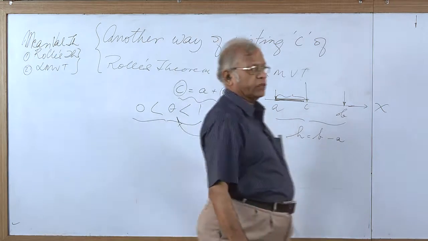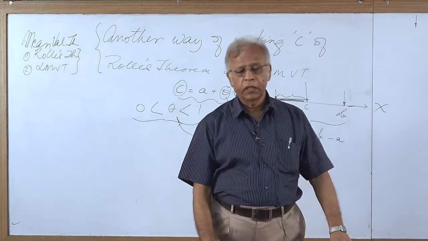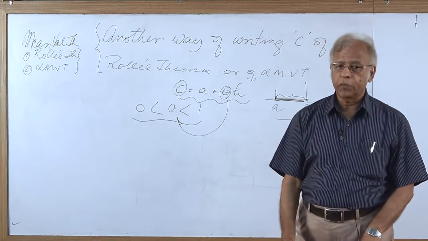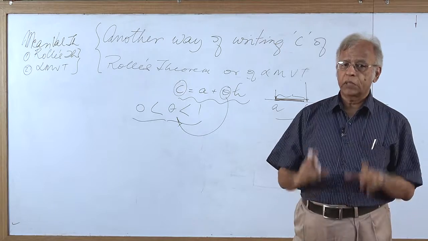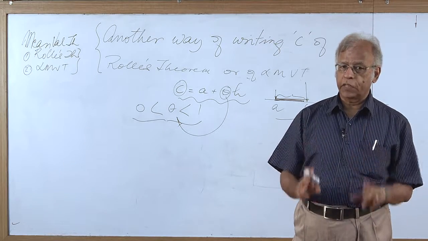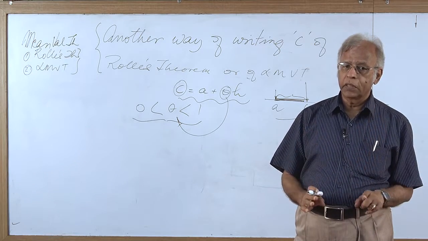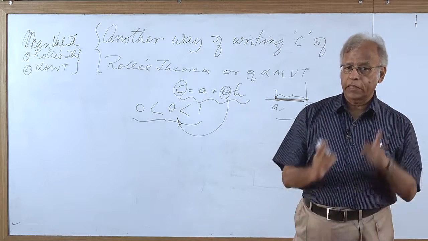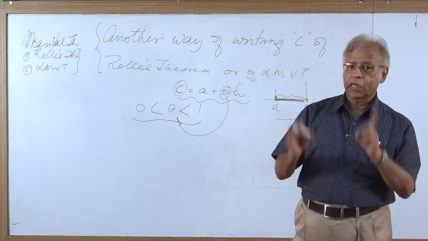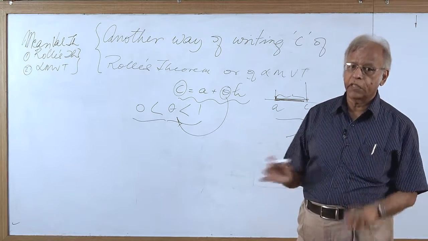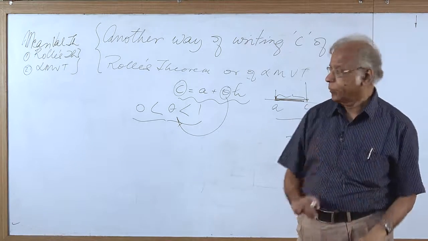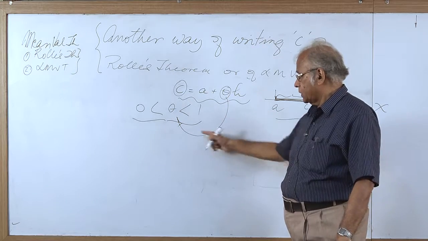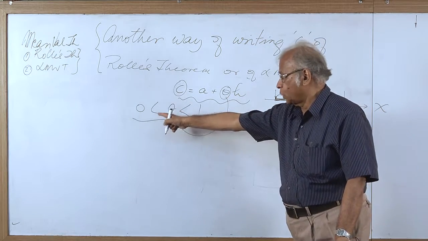This gives us a very nice way of writing the value of c as a plus theta times h, where theta is a number that is between 0 and 1. Theta cannot be 0, theta cannot be 1. We will see what happens if theta is indeed taken as 0 or 1. Theta is essentially between 0 and 1.